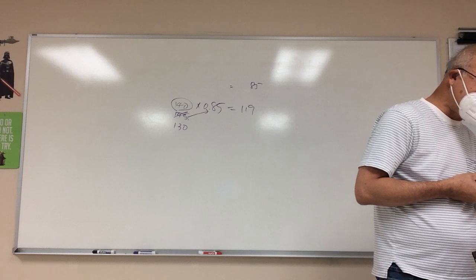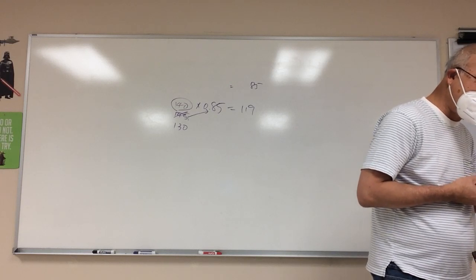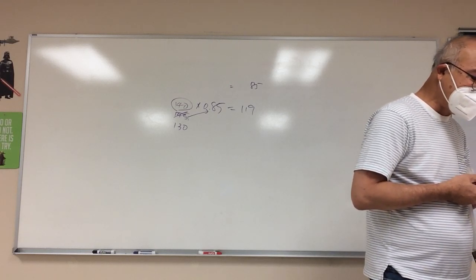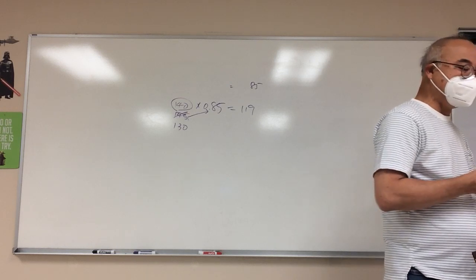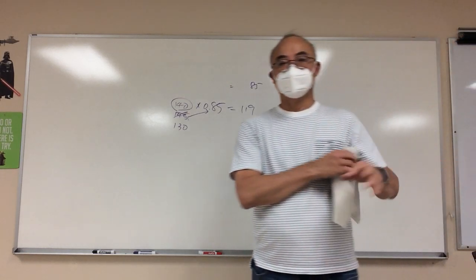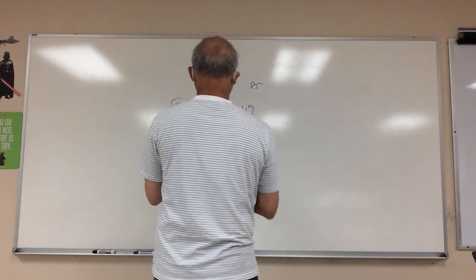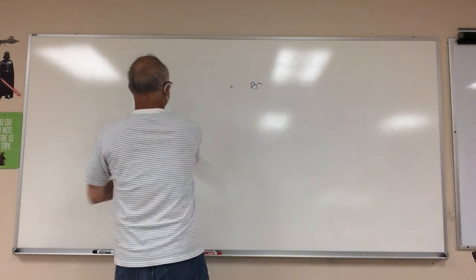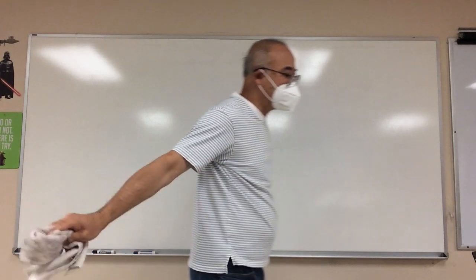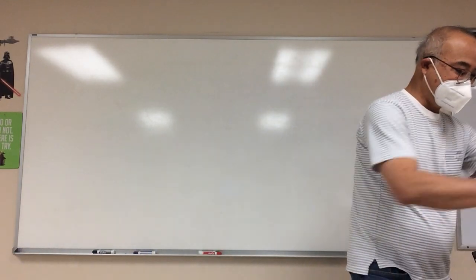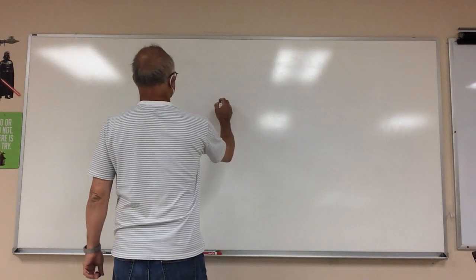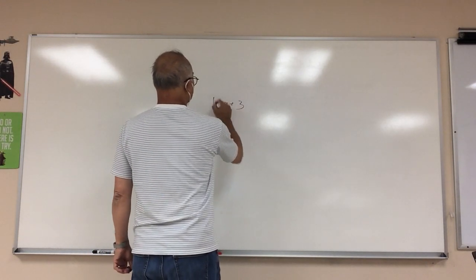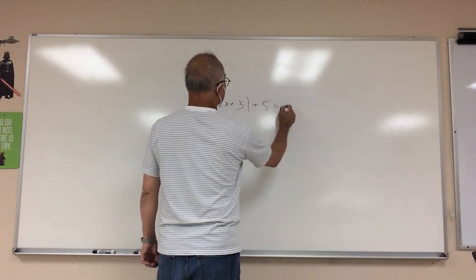Page 267, number 7. For what value of x is that? So what's the correct answer here? How would you solve this? Isn't it... never mind. 2x plus 3 plus 5 is equal to 0.